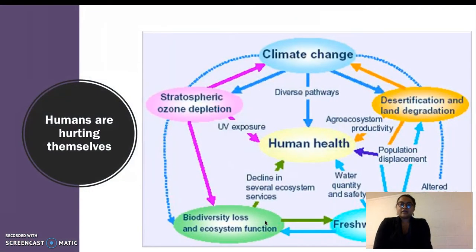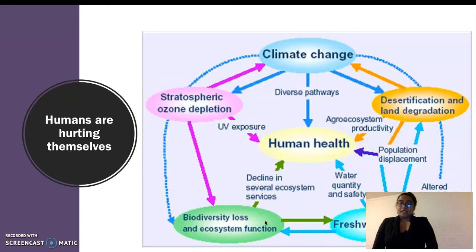This next graph shows what happens when climate change affects how we as humans live our lives. In a nutshell, humans are hurting themselves. As you can see, climate change affects our ability to have fresh water. That means less water quantity and less safety of our water.